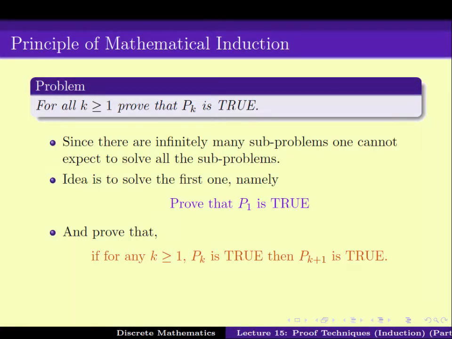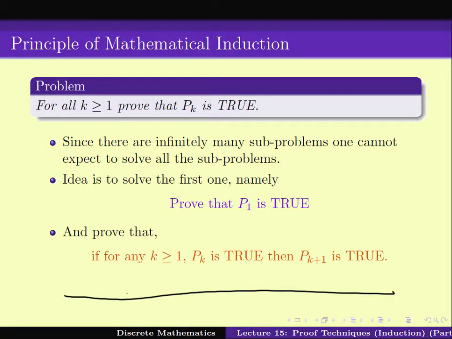So the idea is that if you look at this whole real line, I have first proved that P1 is true, and this statement says that if P1 is true, then P2 is true. Now if P2 is true, then P3 is true, and so on. So I can keep on basically filling up the whole real line, meaning for all k between 1 and infinity, I would be able to prove that this statement is true.